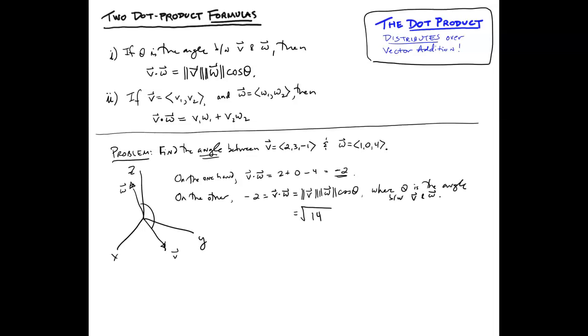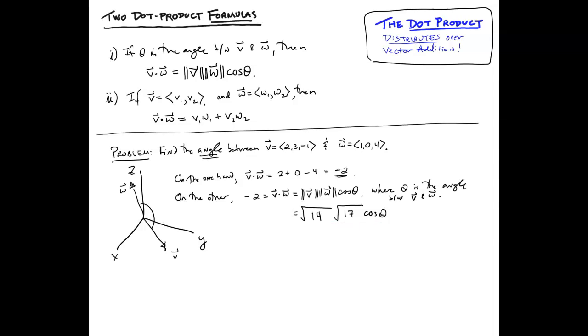And similarly, the length of vector w is going to be the square root of the sum of the squares of its components, which is 1 plus 0 plus 16, which is 17. And then we still have this cosine theta hanging over, which is good because that's what we want to solve for. Well, now we have this equation.